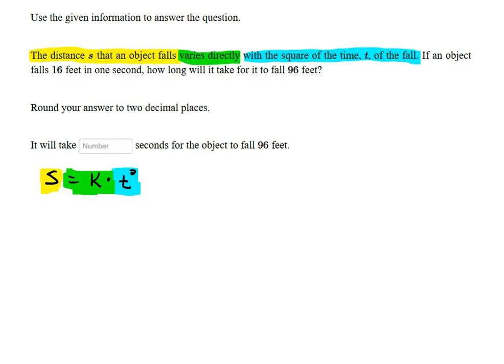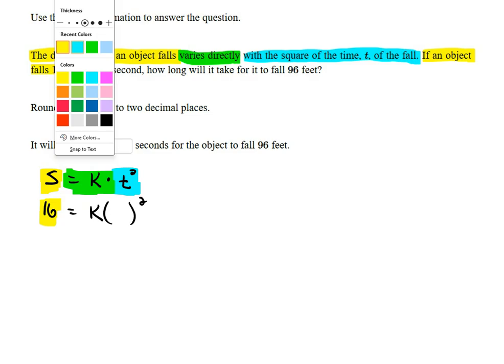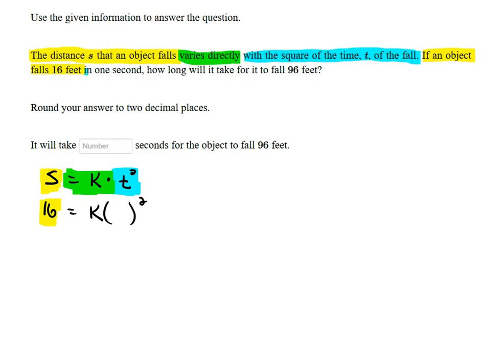remember s is the distance that an object falls, so this should be in yellow. If an object falls 16 feet, that's this right here. I'll put the 16 right there, equals k times, and then it tells me, in 1 second. That's my t.